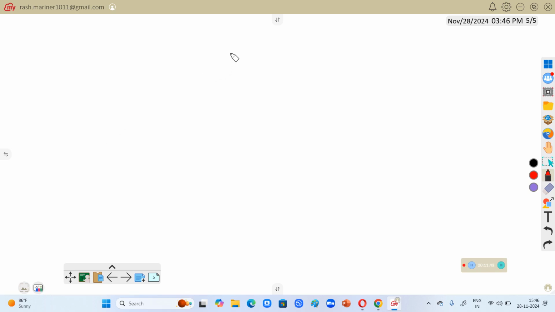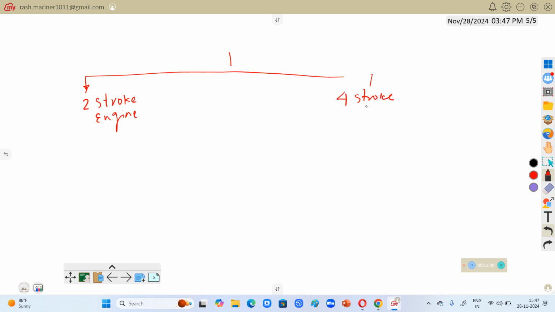Basically, now what actually happens onboard ship in two-stroke and four-stroke? In two-stroke, there is no suction spindle.